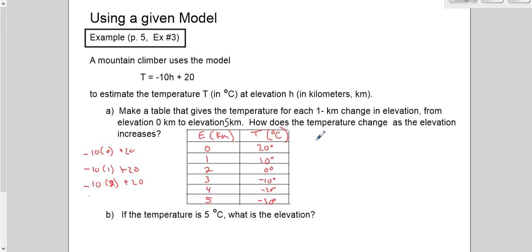So temperature decreases by 10 degrees Celsius for every increase of 1 kilometer in elevation.